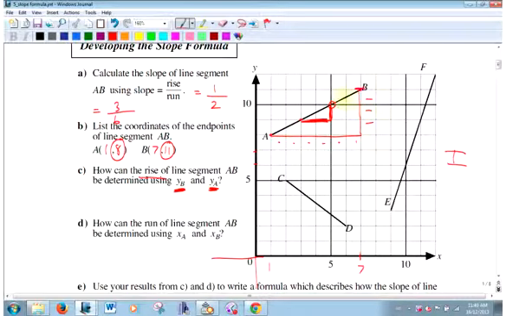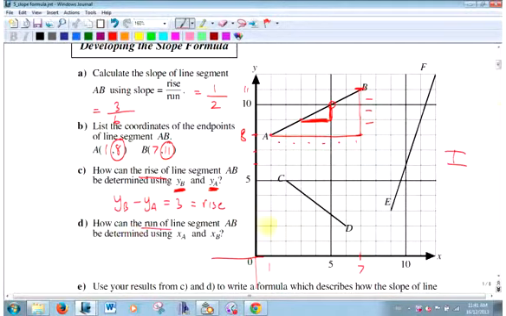Well, what's the difference between 11 and 8? If we count from 8 to 11, we get 3, don't we? What's 11 take away 8? How can the rise be determined? If I go coordinate B, that's 11, minus coordinate A, that's 8, I get 3. That's the rise of this line.